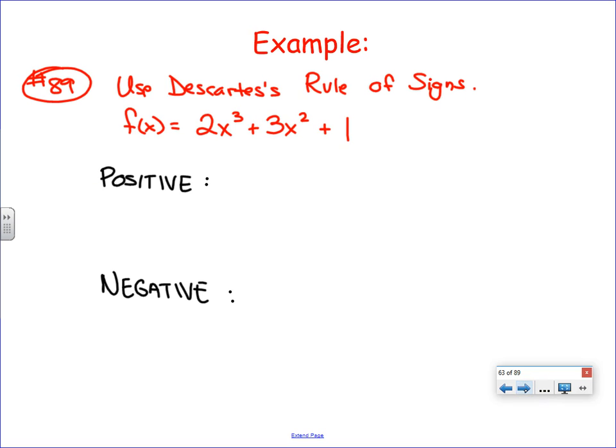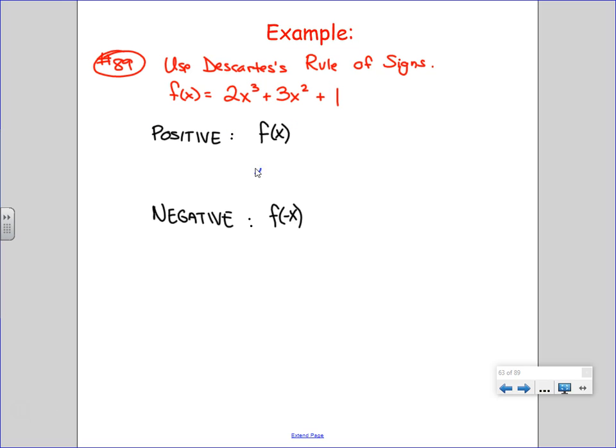I want you guys just to practice answering the same questions that I just did. From f of x, f of negative x, you're going to answer the exact same questions of what's the number of changes in sign, analyze what you have, and then we'll say how many possible positive real zeros.